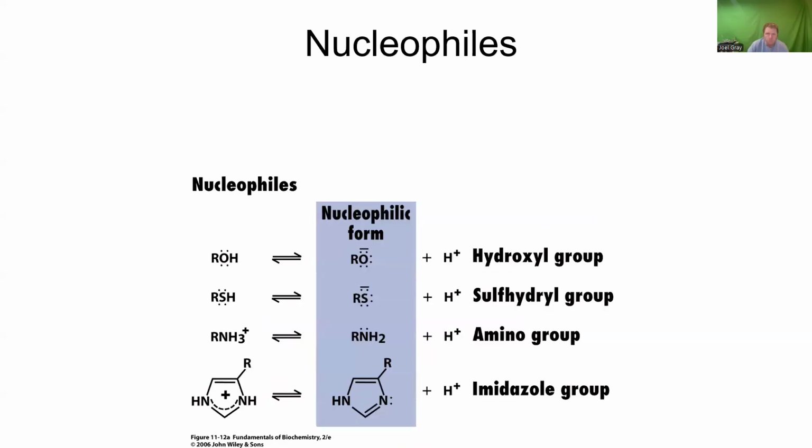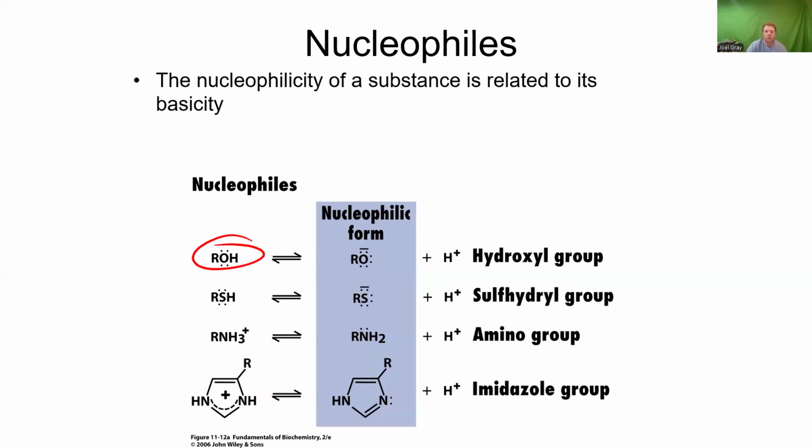Now, some amino acids that are commonly going to act as nucleophiles, well, ROH. What amino acid has ROH? Serine, threonine, tyrosine. What amino acid has an RSH, a sulfhydryl group, or a thiol? Cysteine.